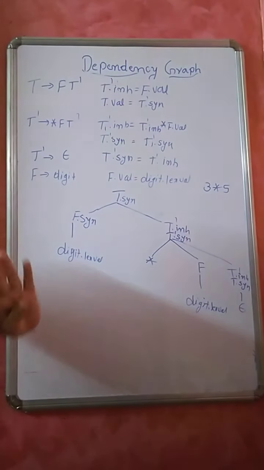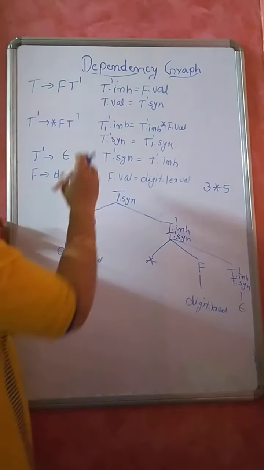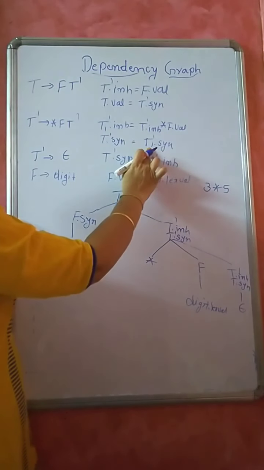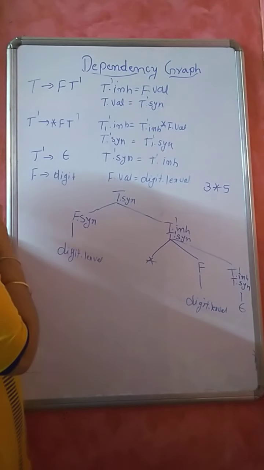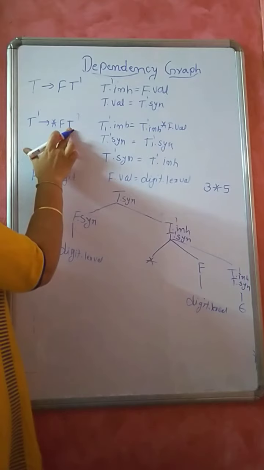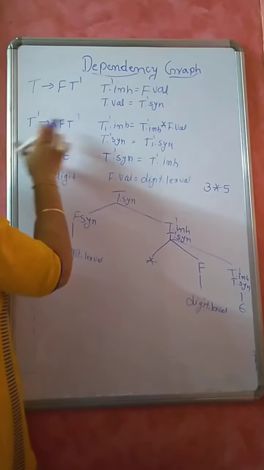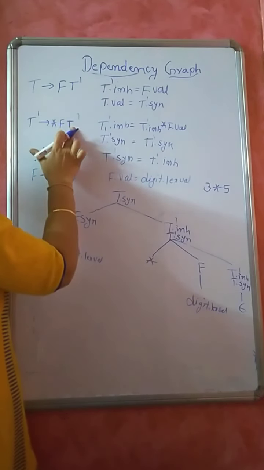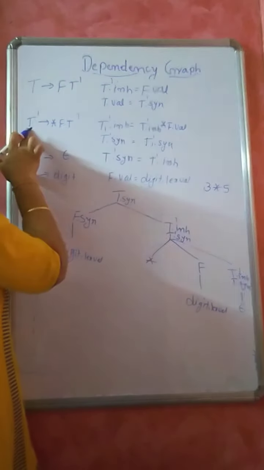T dash and T1 dash are different, but the subscript in T1 dash is just to differentiate that it is at the body of the production, while the other is at the head of the production. T1 dash here represents this T dash and the simple T dash represents this T dash.